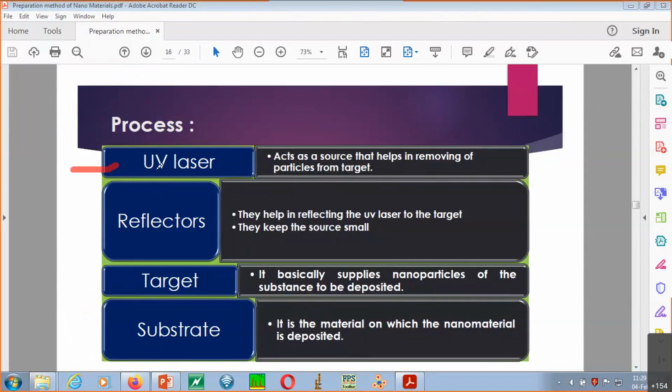The first component, UV laser, is a source that helps in removing the particles from the target, so that is the purpose of this UV laser.